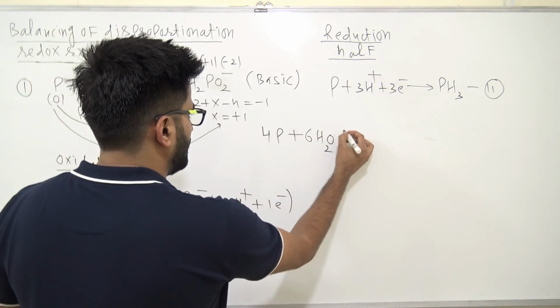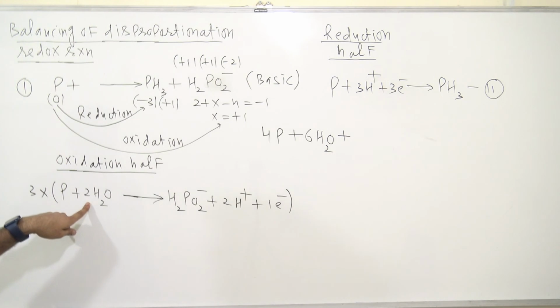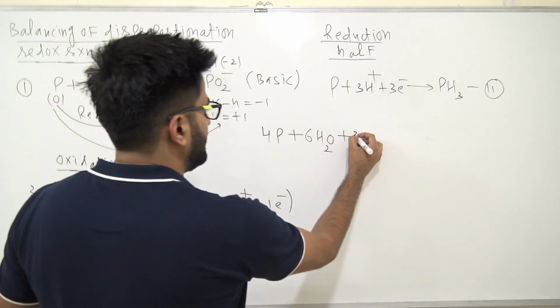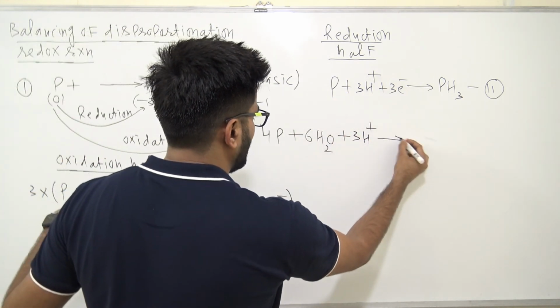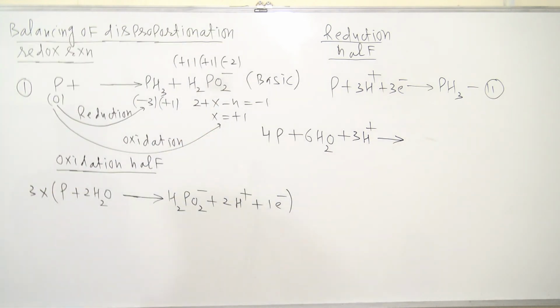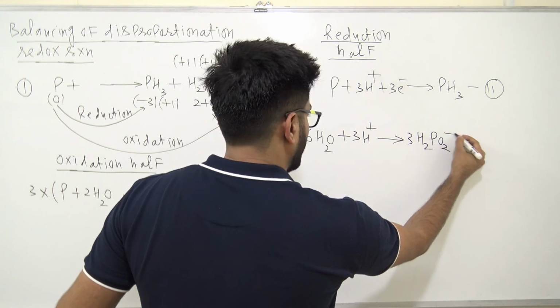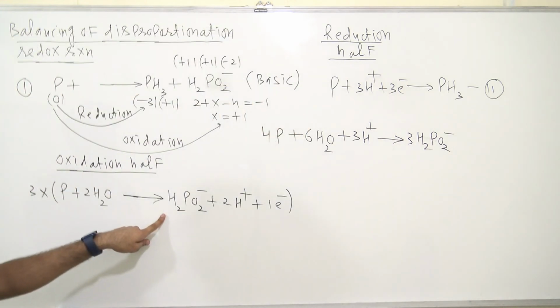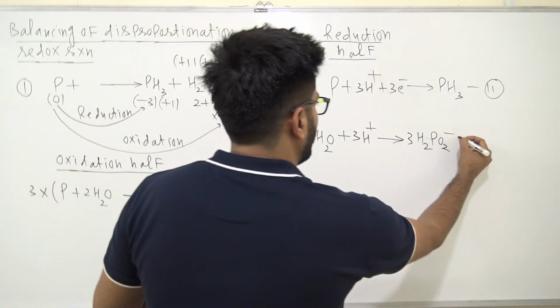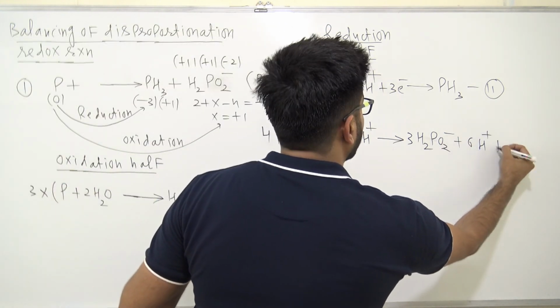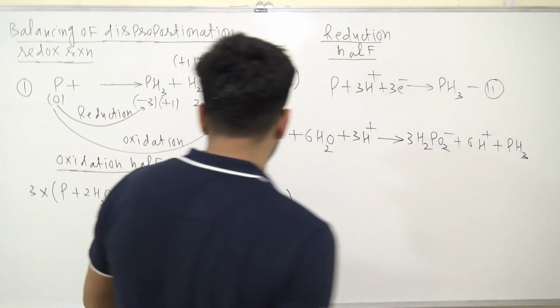Don't make any mistake, 6H2O, right? And guys, there will be 3H plus. Then there will be 3H2PO2 minus, and then there will be 6H plus and this PH3.